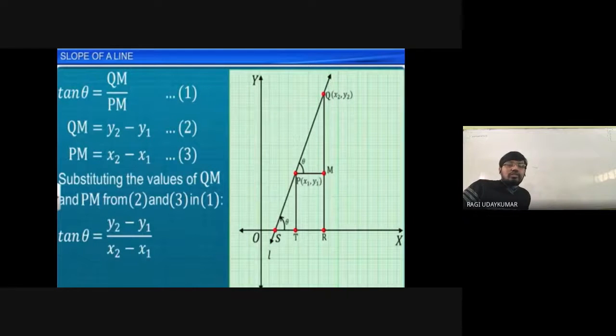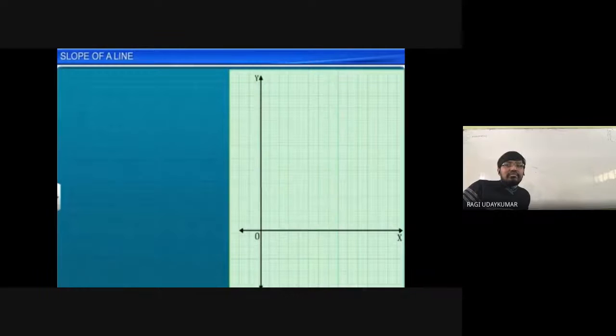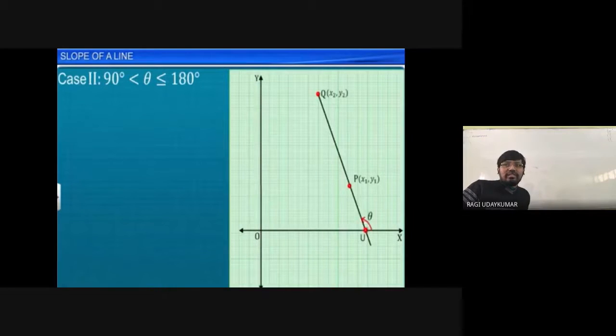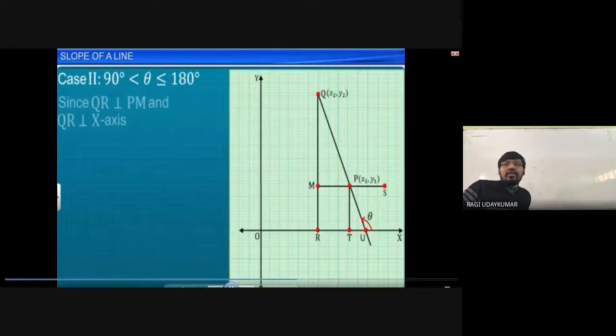So the difference between the y-coordinates by the difference between the x-coordinates is the slope of a line. If the angle is more than 90 degrees and less than 180 degrees, you get the same figure with the angle on the side.